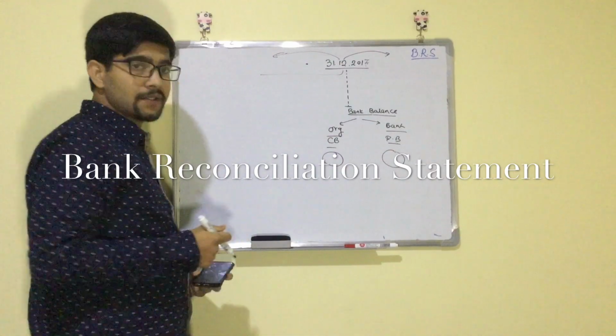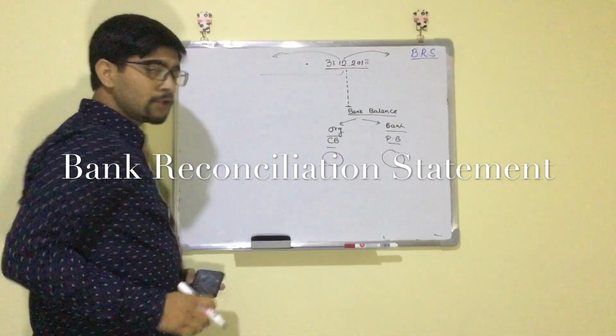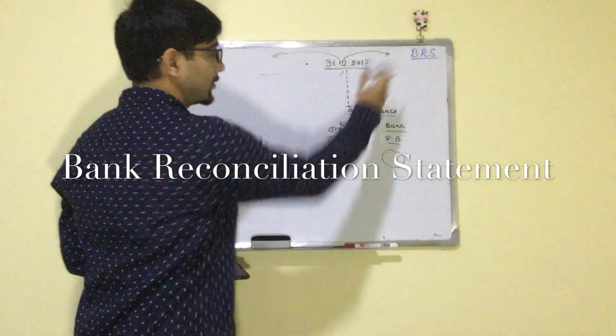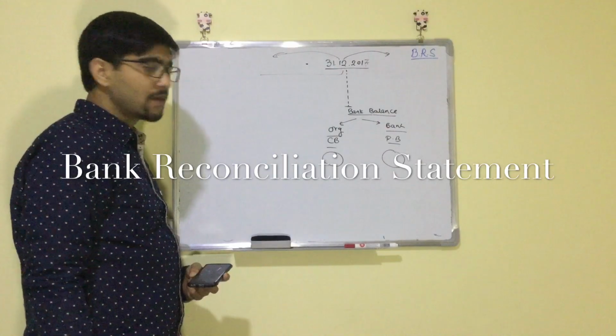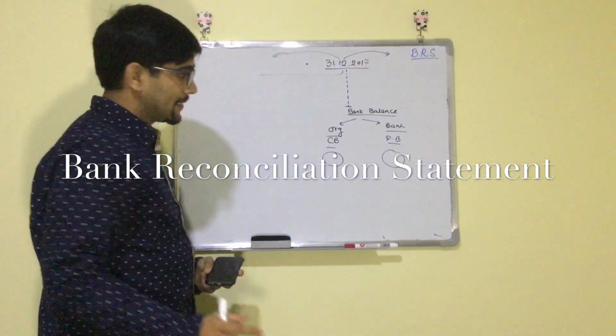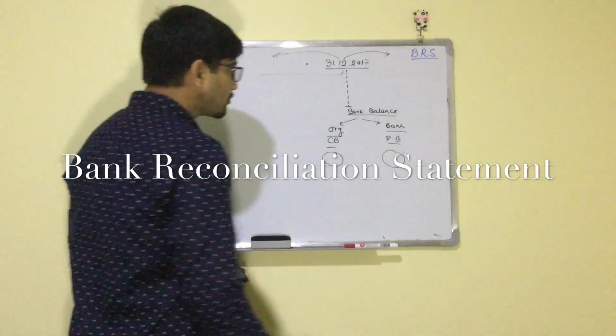So the reason is there are certain transactions done before this period, but the information has come later on. So there is always a chance that there can be a difference between cash book and passbook.